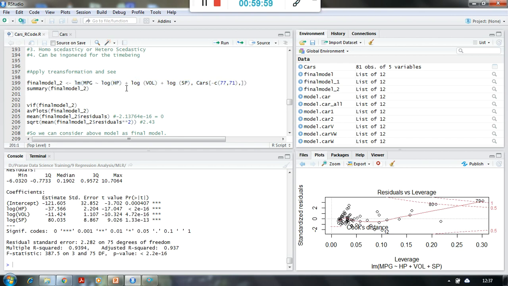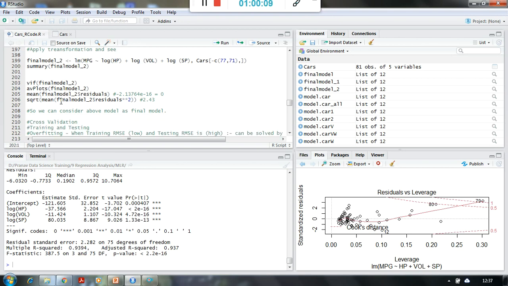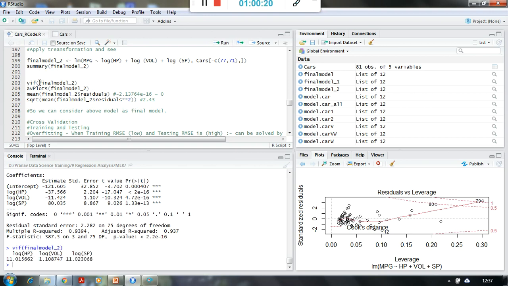No, probably I have tried hundreds of different options, and then I have achieved this type of accuracy. That is a possibility, right? And that's why we have to work very hard when it comes to transformation. So if I consider this as my final model, let us check the VIF values now.